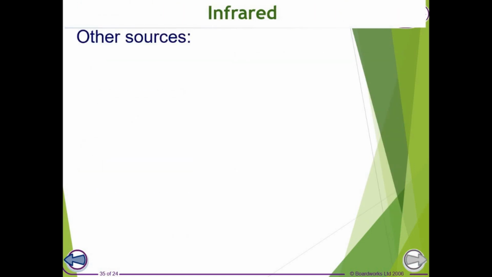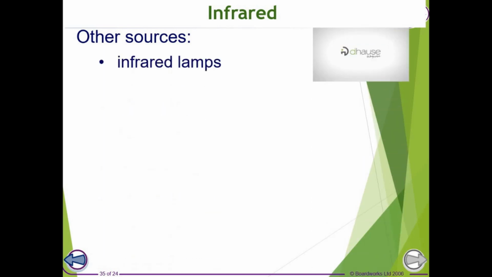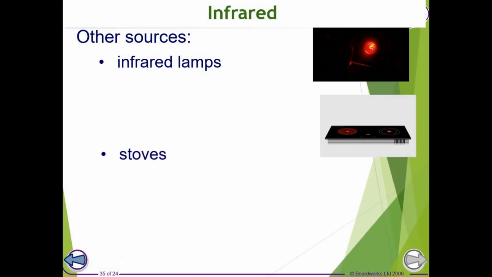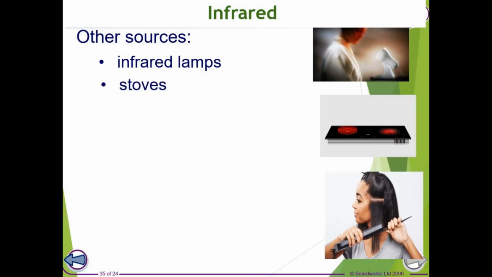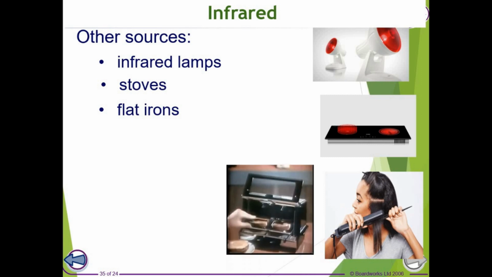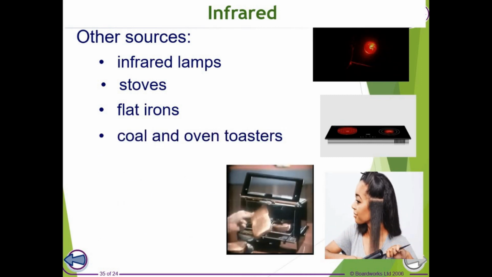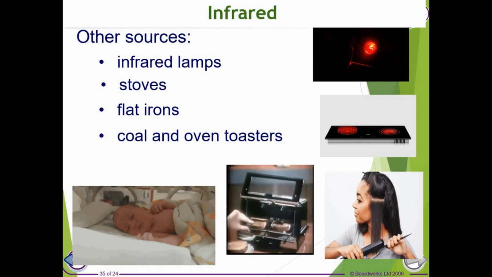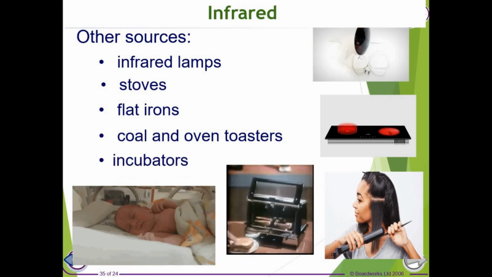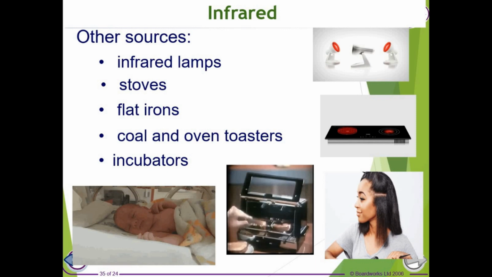Now, what are the other sources of infrared waves? Other sources of infrared are the infrared lamps. Then we also have the stoves, the flat irons that are used to straighten your hair. Then we also have the coal and oven toasters, and also the incubators, where babies born earlier than their expected date of birth are kept for a certain period of time.